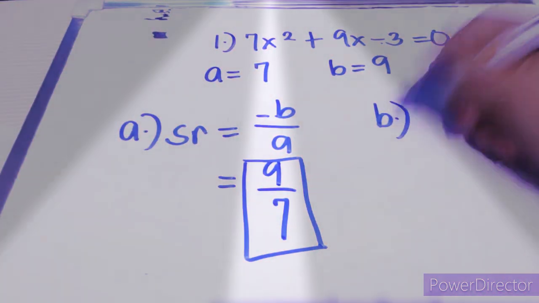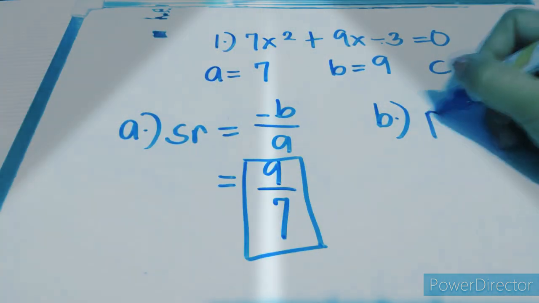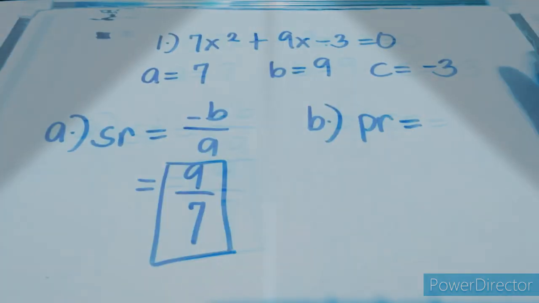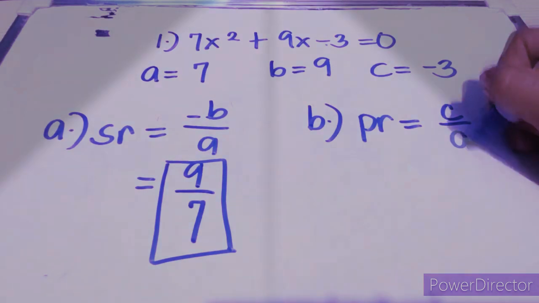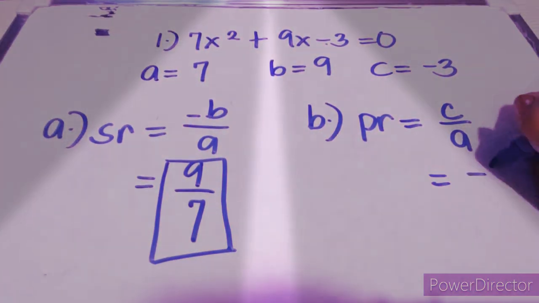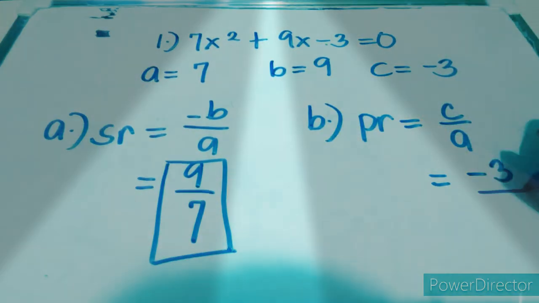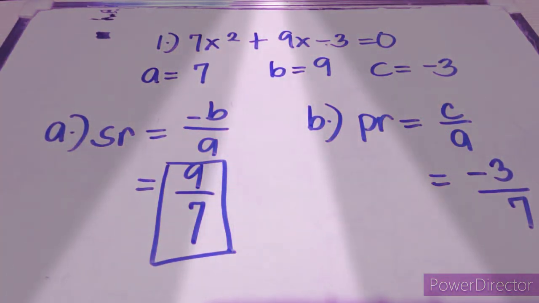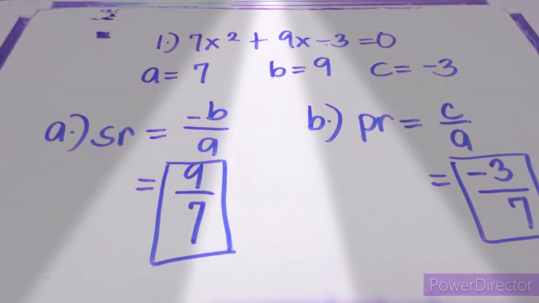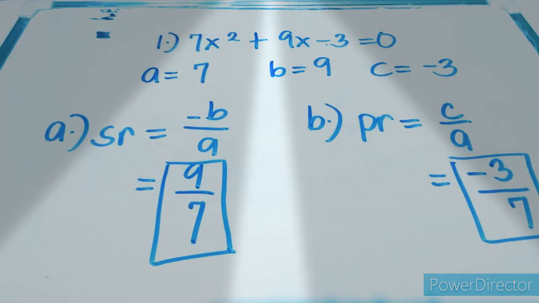Next, for the product of the roots, we have PR. The formula is c over a. So c is negative 3 over 7. So your final answer here is negative 3 over 7. So that's for number 1.